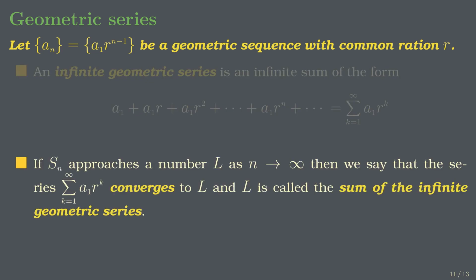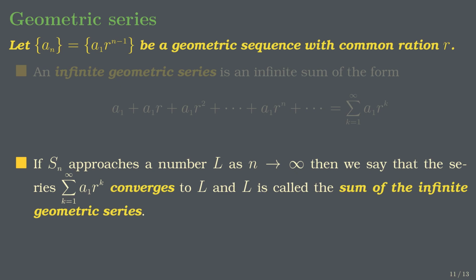Well, now we can actually say how to compute that symbol in specific cases. So if the sum of the first n terms of the geometric sequence approaches a number L as n tends to infinity, meaning that you can compute the limit of Sn, then we say that the infinite geometric series converges to L, and L is called the sum of the infinite geometric series.